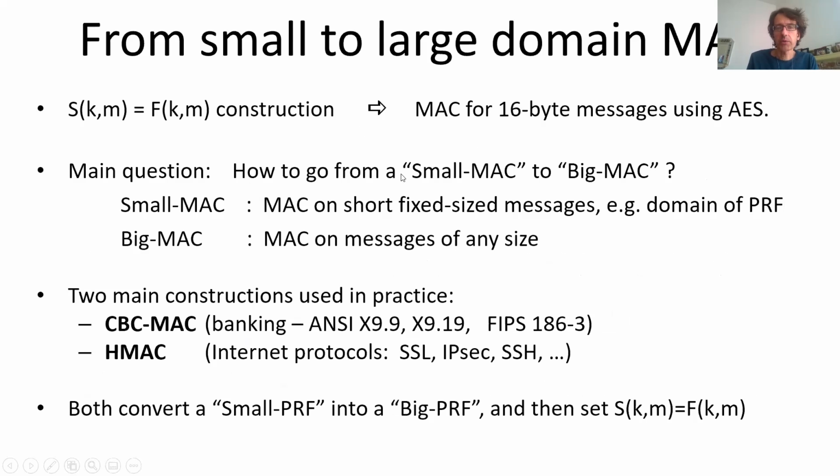So of course, you want to somehow go from this MAC on a small message to a MAC on a large one. And these are the two constructions we'll show in a sec: CBC MAC and NMAC. They both operate in the real world, and we'll see how they work.